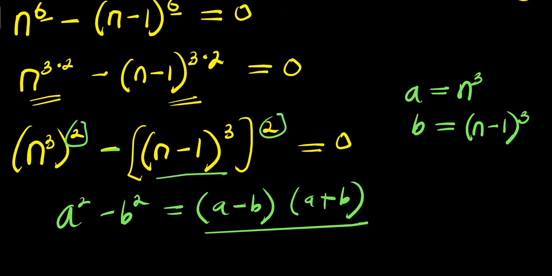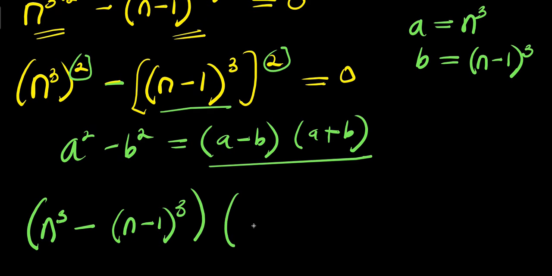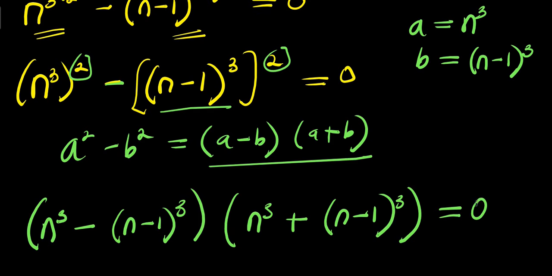Applying this identity, a − b will be n^3 minus (n − 1)^3, that's our b, times n^3 plus (n − 1)^3, and this equals 0.